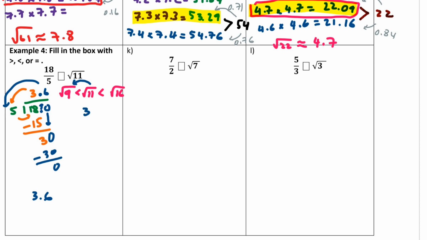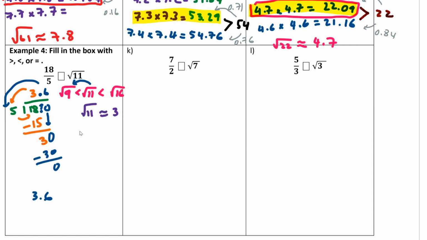Square root of 11 is around 3. Now, it doesn't help much because we know that square root of 11 is around 3, but it's bigger than 3. Also, the 3.6 is bigger than 3. So we need to find a closer number.